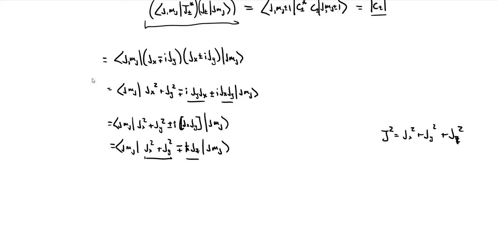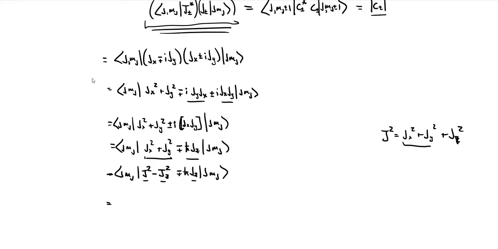So this JX squared plus JY squared is just J squared minus JZ squared minus plus h bar JZ acting on JMJ. And now we've written this whole side of our equation in terms of operators that we know the eigenvalues or the action on these kets, right?